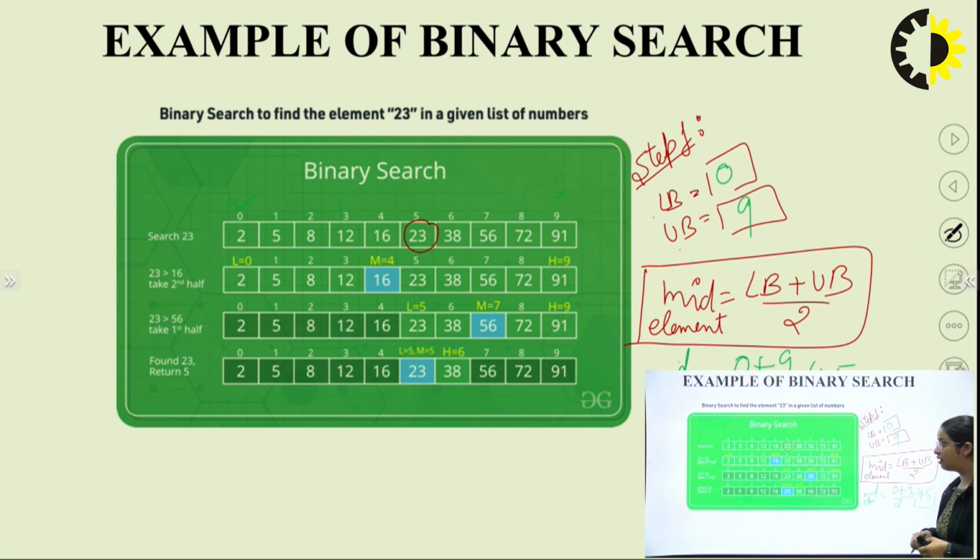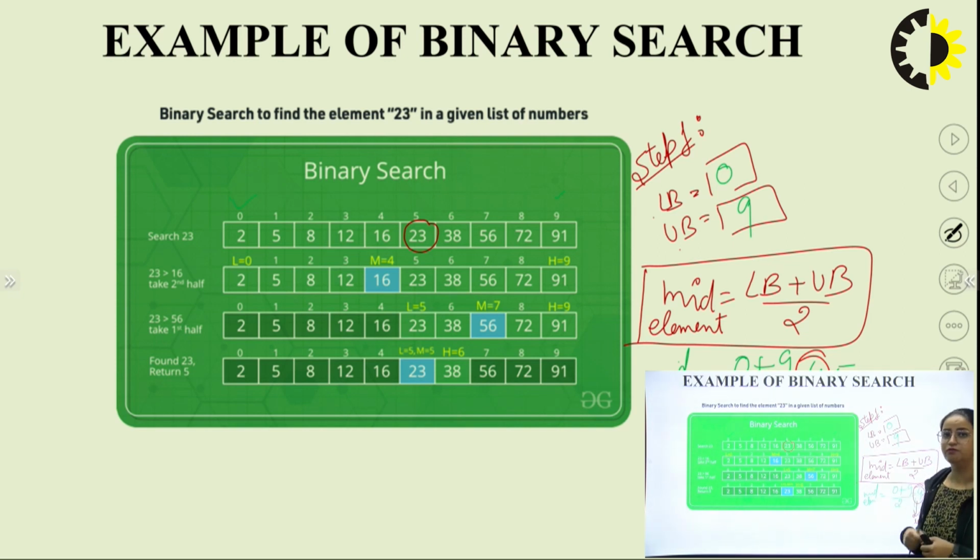4.5 gives us the mid value, but 4.5 is not a position. So we have to take the 4, that means the integer part. Why are we taking the integer part?